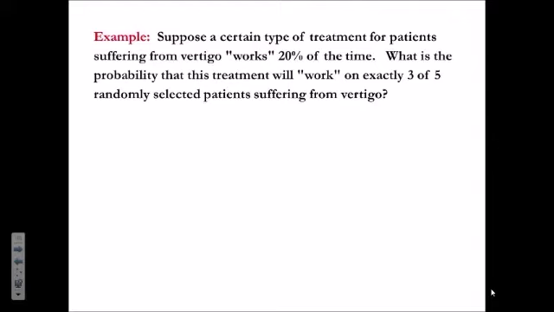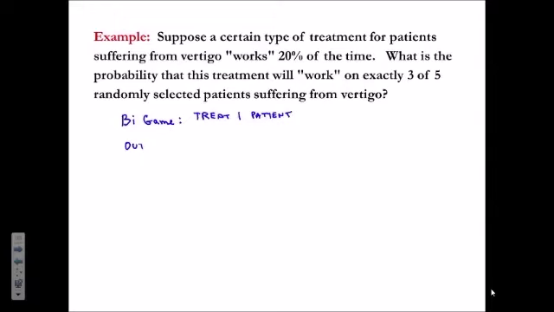I would suggest writing down what the binomial game is that we're going to be repeating. Now, the binomial game is going to be treat 1 patient for vertigo. Now, is this a binomial game?